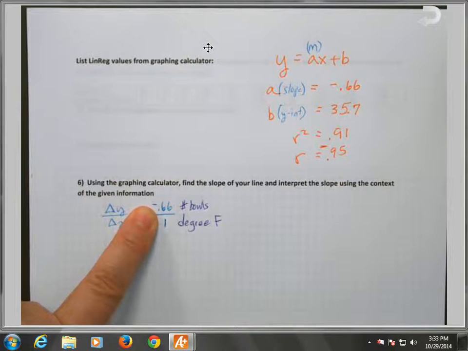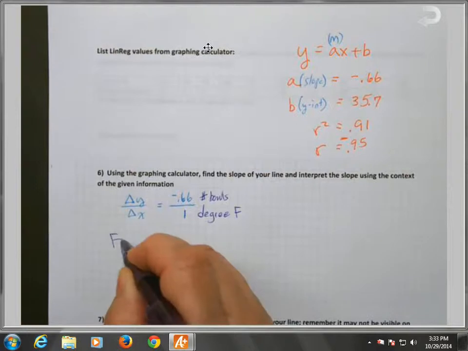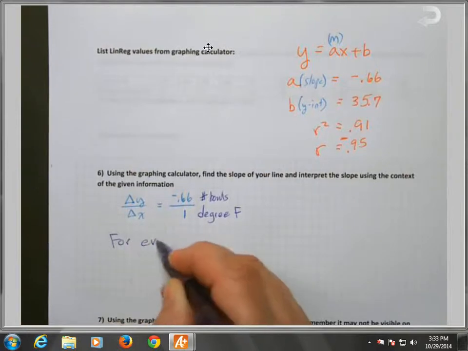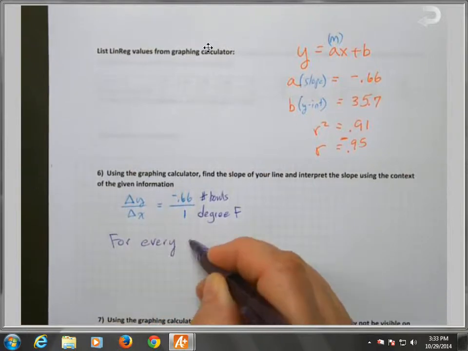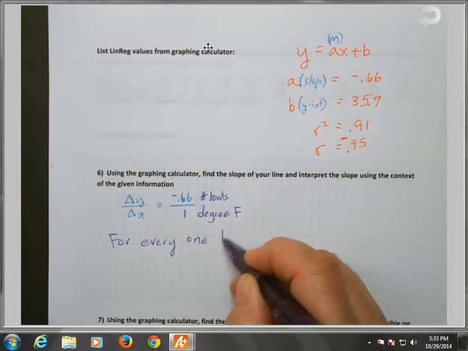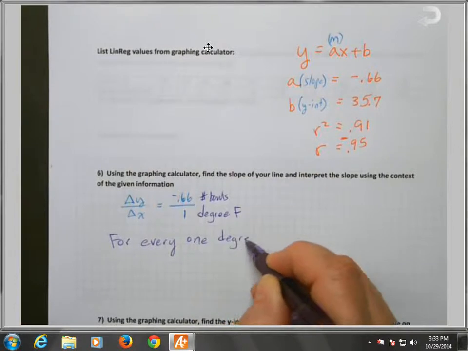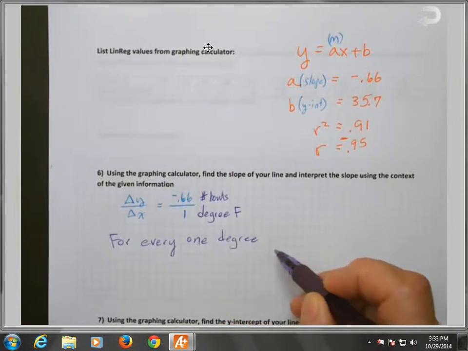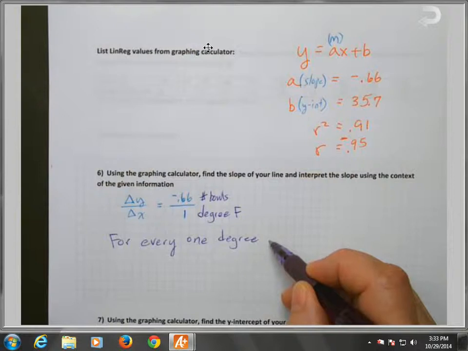So now we're going to put this into a sentence. And it'll be for every 1 degree, and again that's temperature Fahrenheit.